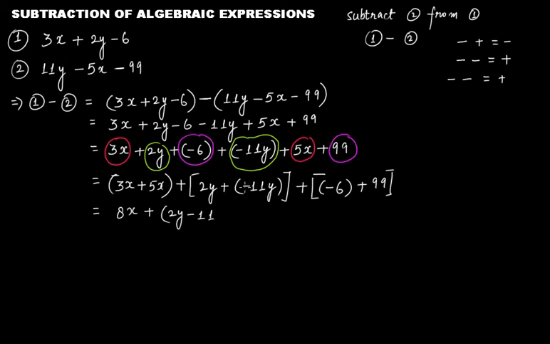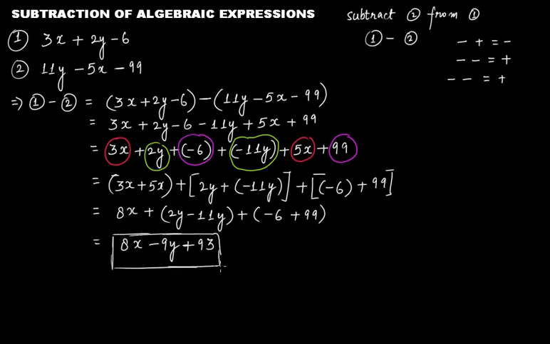Outside the bracket is plus, within the bracket is minus, plus minus becomes minus 11y, plus minus 6 plus 99. So 8x, this becomes minus 9y, and this becomes plus 93. Right? So this is the expression that we get after subtracting expression 2 from expression 1.